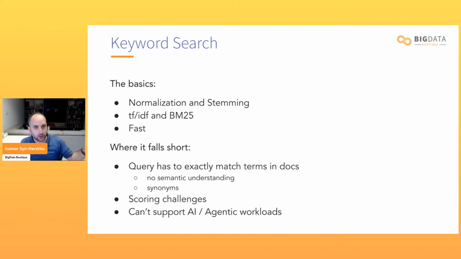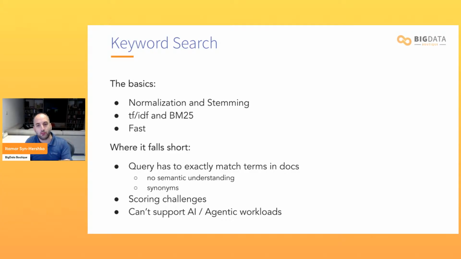And then the actual scoring is using algorithms like TF-IDF and today mostly BM25 to be able to find the more relevant documents. It's very, very fast, that we know, but we just saw, and there's plenty of other examples where and how it actually fails in real life.